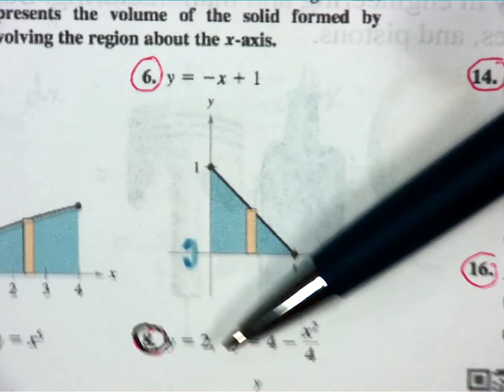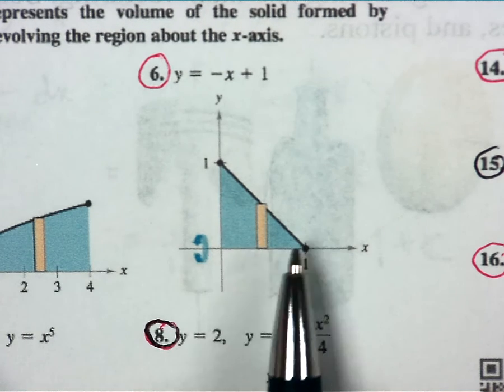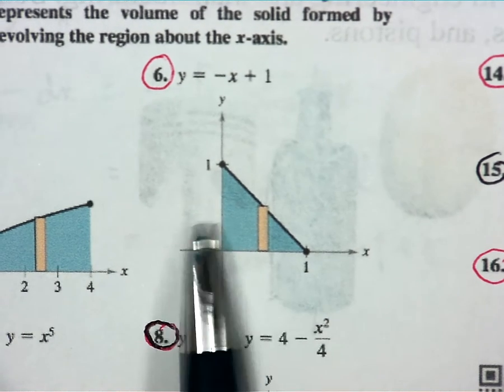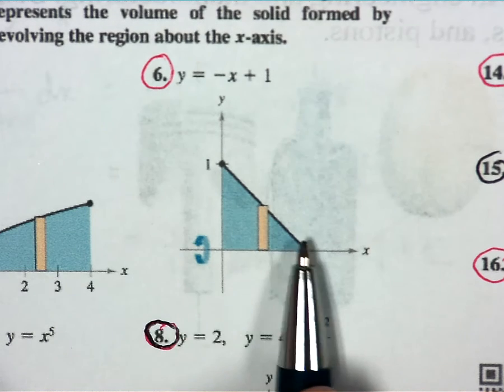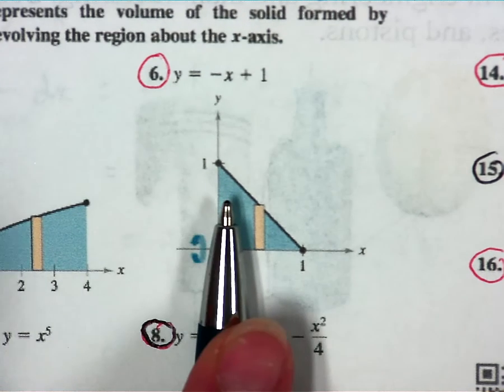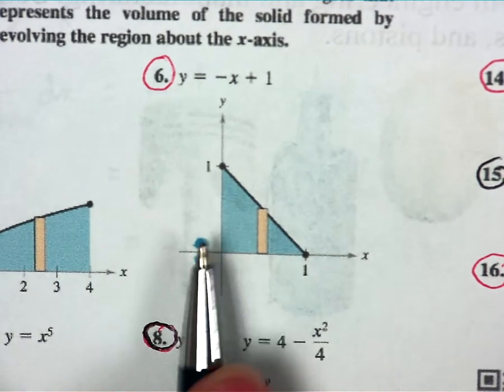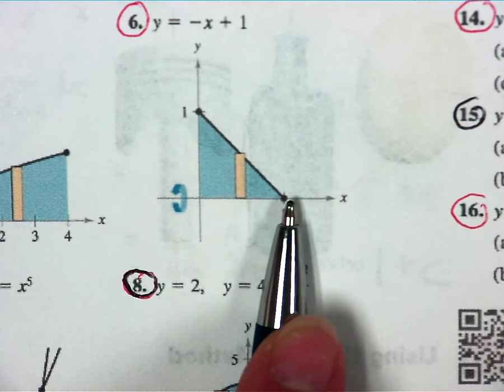Pi times the integral from 0 to 1, because we're using horizontal rectangles. The lathe is moving from left to right. Lathes always move from left to right or from bottom to top. I don't know if that's true in mechanics, but in calculus it is. Integrate from 0 to 1.